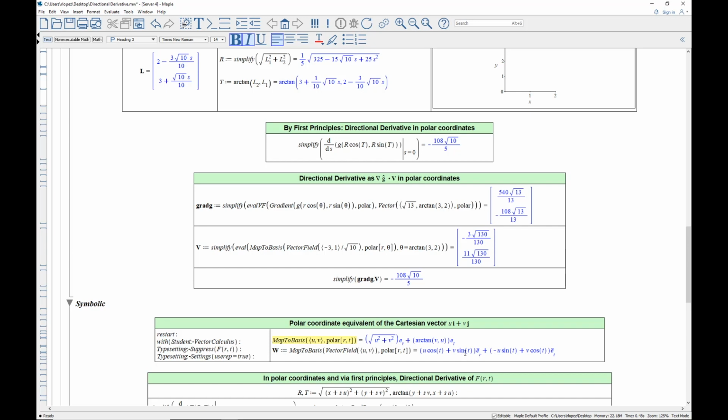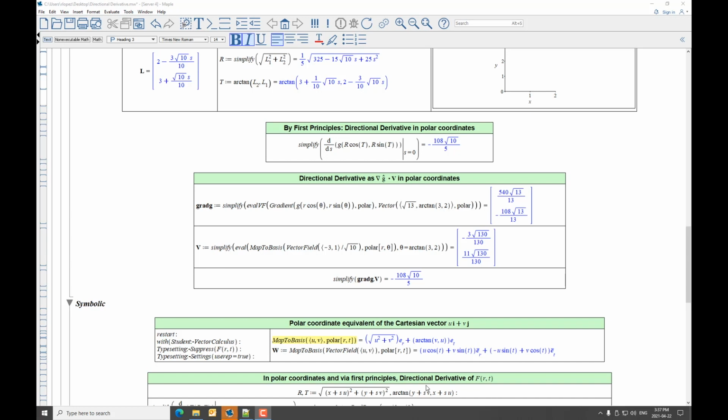And if you did this by hand, you would discover that I and J can be represented in terms of the basis vectors ER and E theta. And this is what will happen to the components. So this is the way you have to get the equivalent of your direction vector in polar coordinates.